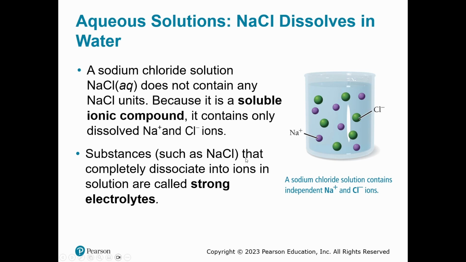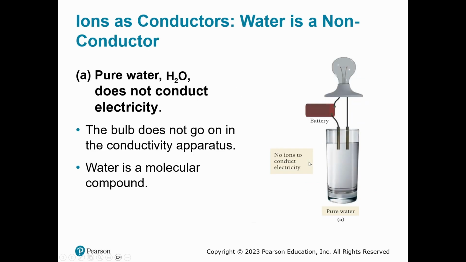So sodium chloride is very soluble in water. We would call it a strong electrolyte. Electrolytes are any type of salt solution or any type of ionic solution. The more you can dissolve the salt, the stronger of an electrolyte it is. Sodium chloride is one of the stronger electrolytes out there. And that's a good thing because it's very important to biochemistry.